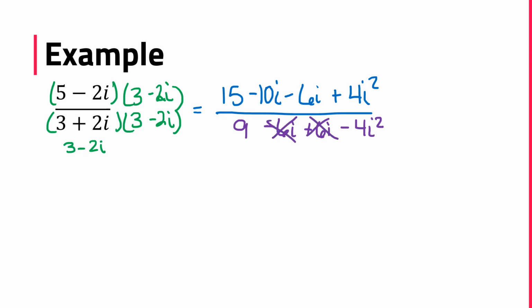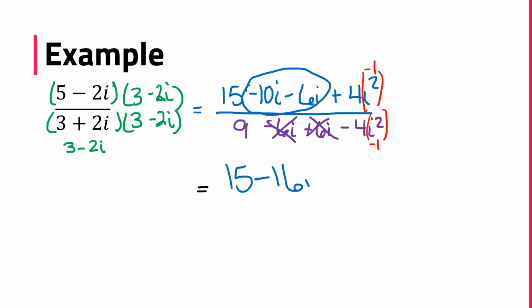I also want to acknowledge that i squared is the same as negative 1. Okay, let's simplify again, another step. All right, I'm going to bring down my 15. I have like terms here. That would be a negative 16i. Positive 4 times negative 1 is negative 4.